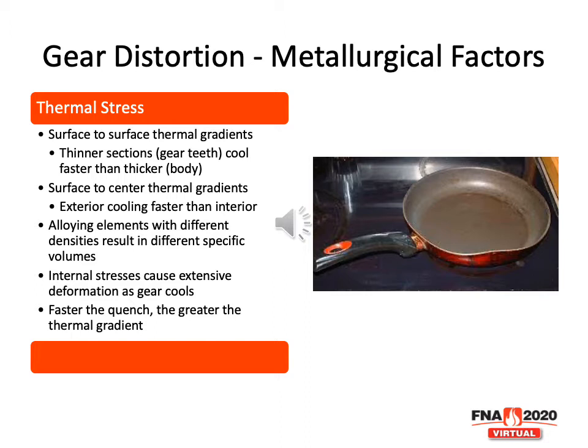These internal stresses cause extensive deformation as a gear cools. The faster the quench, the greater the thermal gradient. The greater the thermal gradient, the greater the amount of residual stress that will be produced just from thermal stress. For instance, you will see the elastic and plastic strains are sufficient that they can cause cracking.